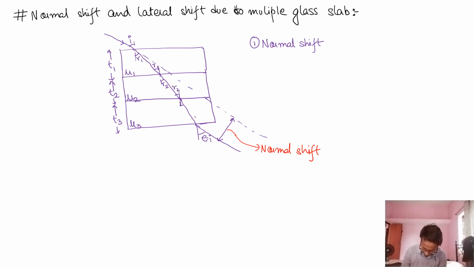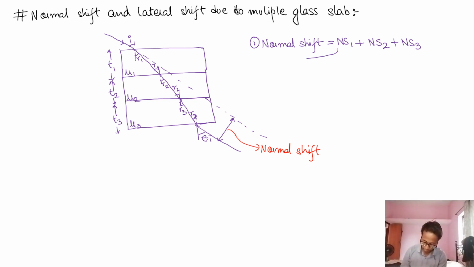If this is R2, R3, and this is also R3. So normal shift due to these three glass slabs is equal to normal shift due to glass slab 1 plus normal shift due to glass slab 2 plus normal shift due to glass slab 3. So whenever you are finding normal shift due to multiple glass slabs, you always add the shift due to individual glass slabs.